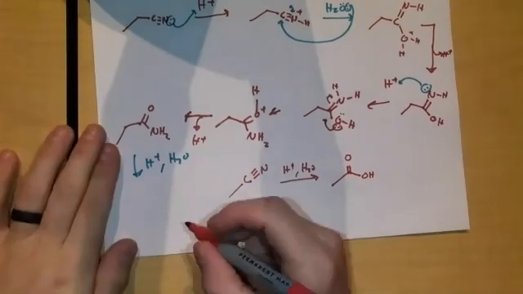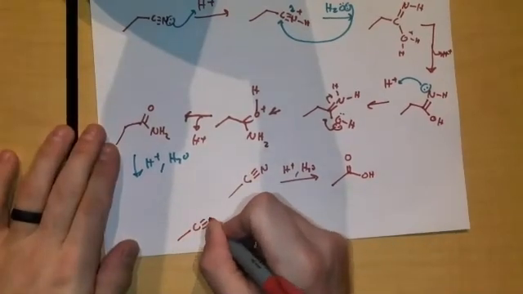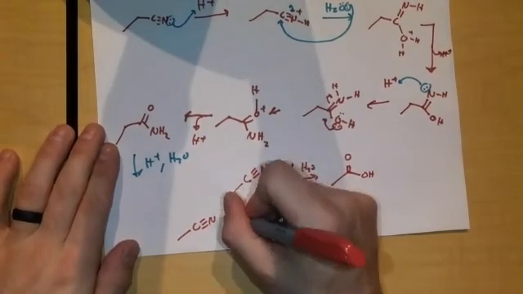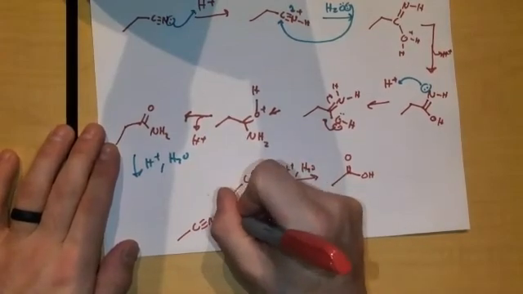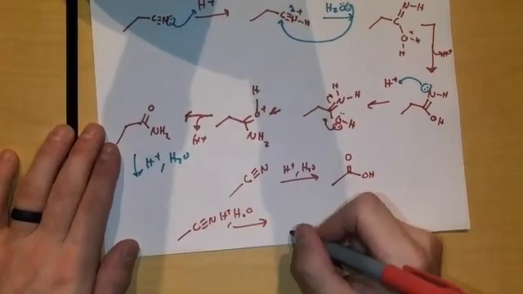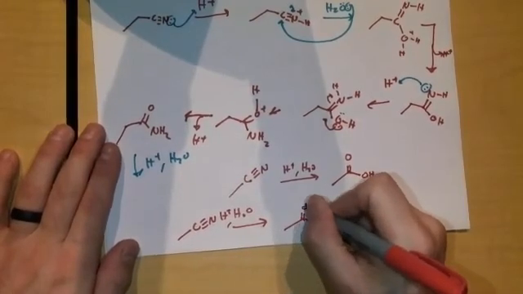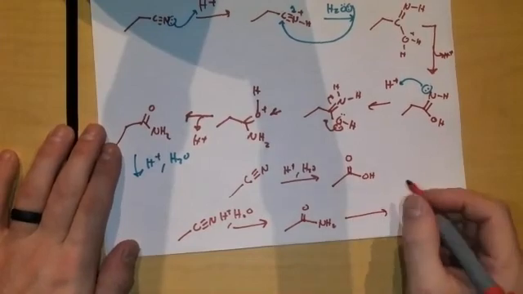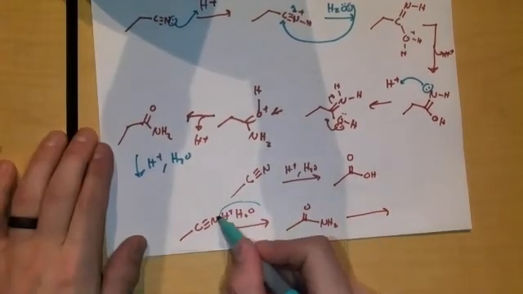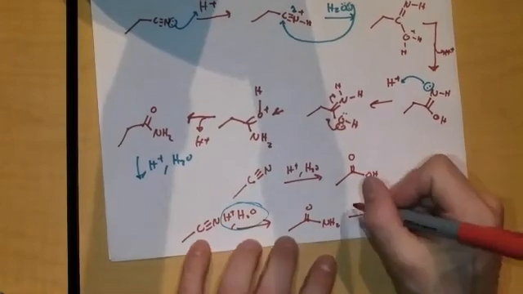So stepwise, you're thinking of it as H plus and a nitrile gets me to an amide. And then using that exact same set of reagents is going to push me to the carboxylic acid.